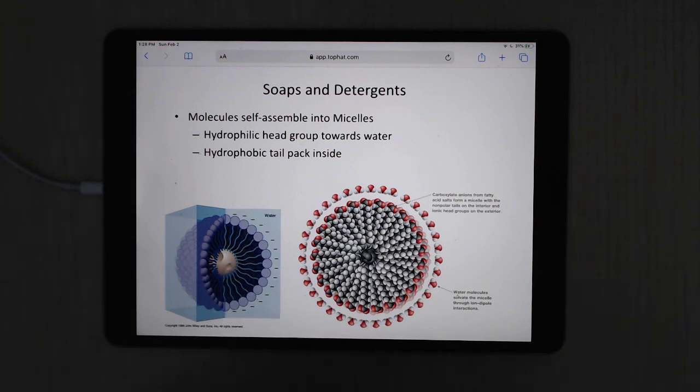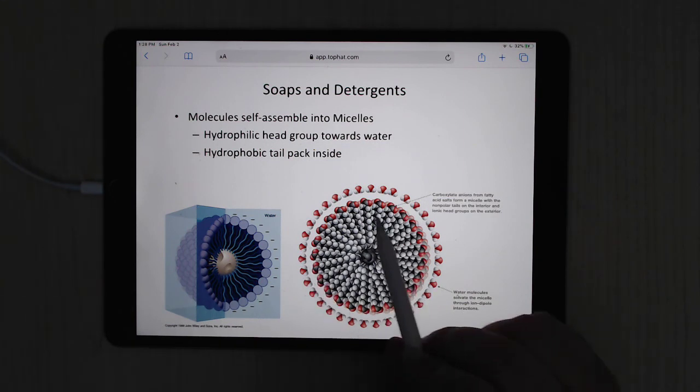Now this greasy stuff is floating in this capsule, and when the water gets washed away, it travels with it. That's why you have to rinse off your car when you're washing it, right? If you just let it dry with all the soap on there, all the stuff's still there. You got to wash it away because you're taking all the water molecules that have the grease with them.